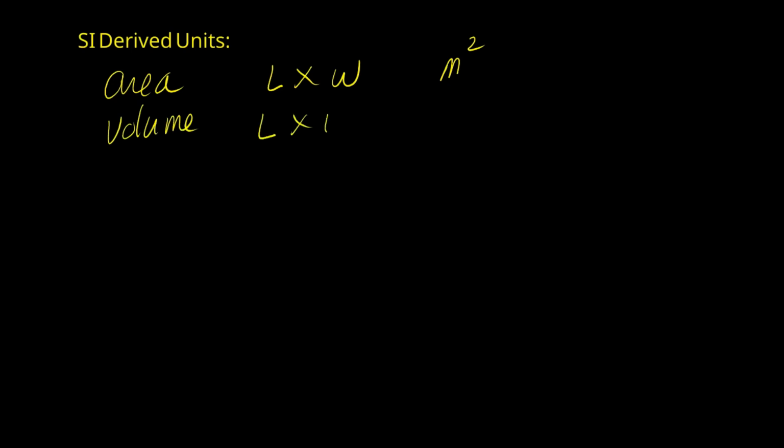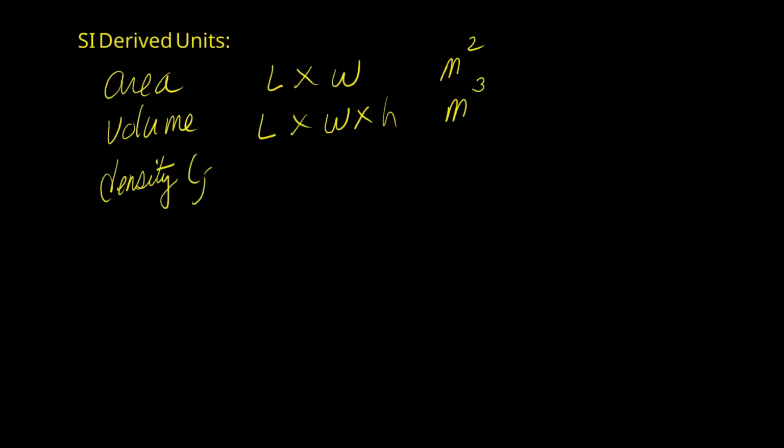Derived units. Derived units are units that are calculated. For example, area. Area is length times width, and so the units will be meters squared. Volume, length times width times height or depth, will be meters cubed. Density.